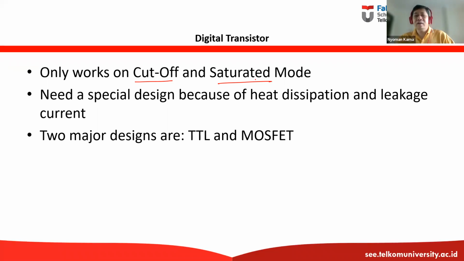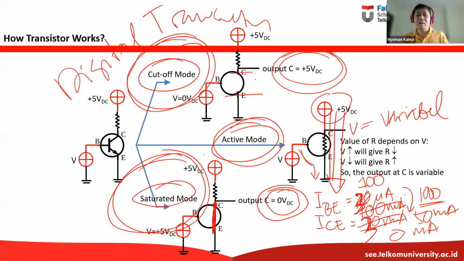However, if we use the BJT, the bipolar junction transistor, for a digital transistor, the problem is that when we use saturated mode, the current that moves from collector to emitter is very big.